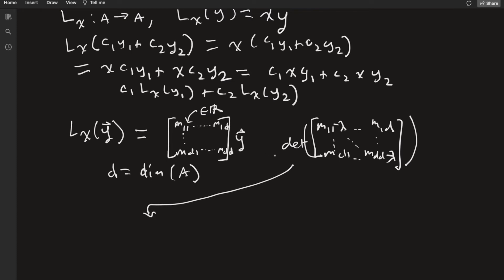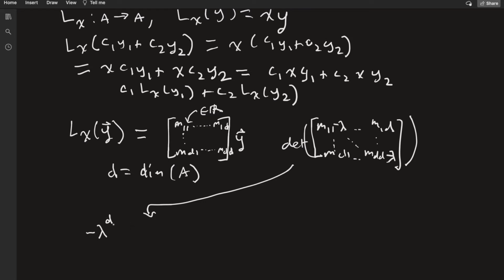Well, you actually get a polynomial of lambda of degree d. So this first coefficient is actually, since d is odd, then you multiply it out and it's negative 1.